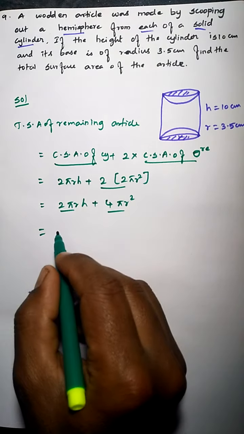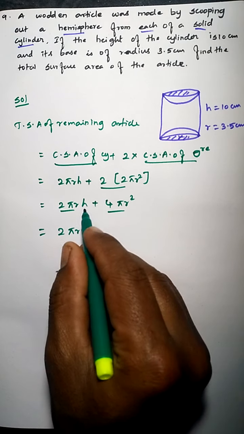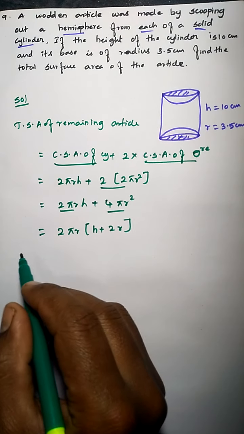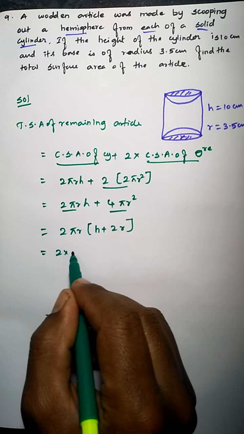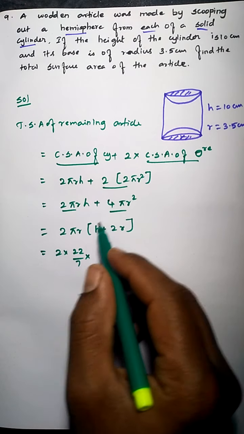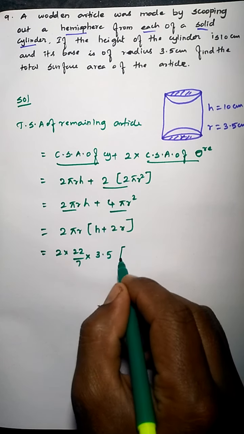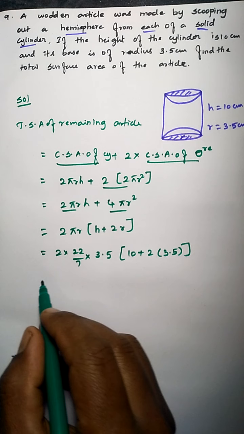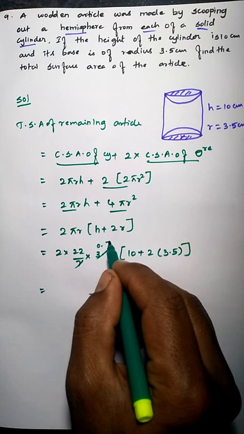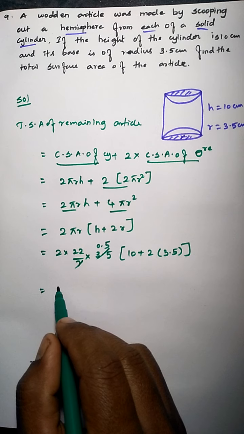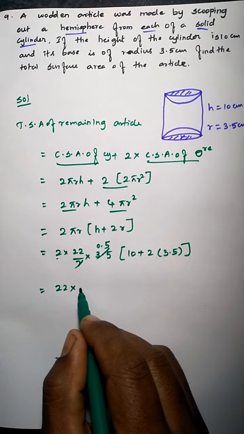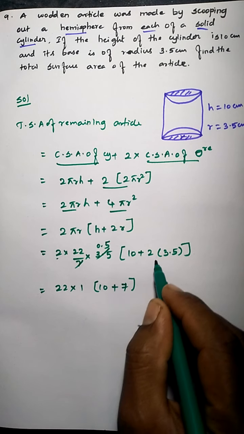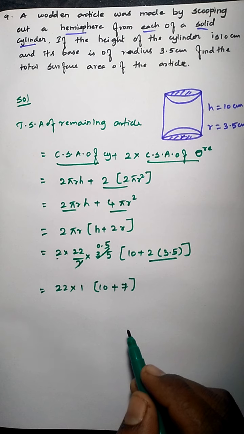Take 2 pi r common outside, and here remaining h plus 2 r. Then apply 2 into 22 by 7 into radius 3.5 into h 10 plus 2 into radius 3.5. Now cancel this, you will get 0.5. So 22 into 2 into 0.5 will get 1. Then 10 plus 7 is 17.